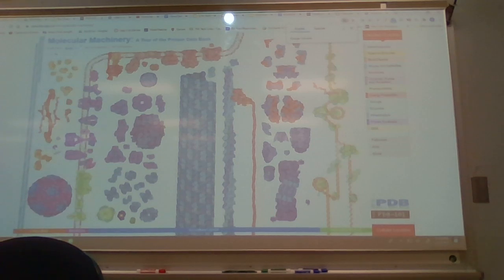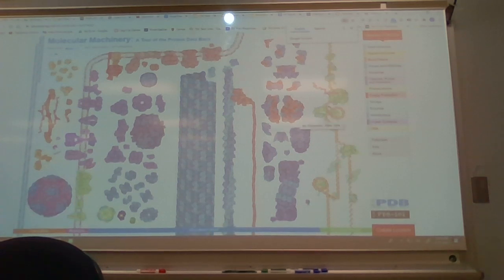So I just want to point out a couple things here. So this line that runs along the screen here, if you look at the bottom, notice it's color-coded purple. This is a cell membrane. So these are all proteins and molecules that are part of the cell membrane. The blue to the right side, these are all proteins and molecules that would be inside of the cell or in the cytosol.